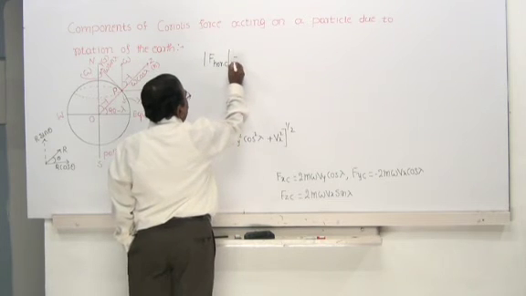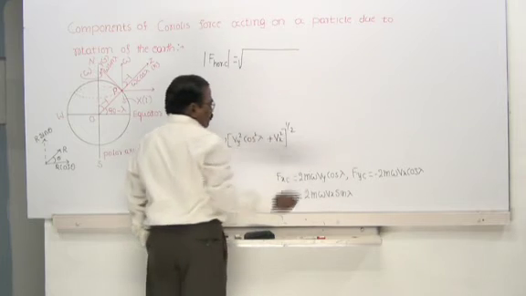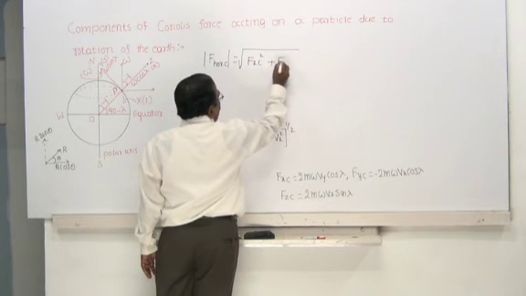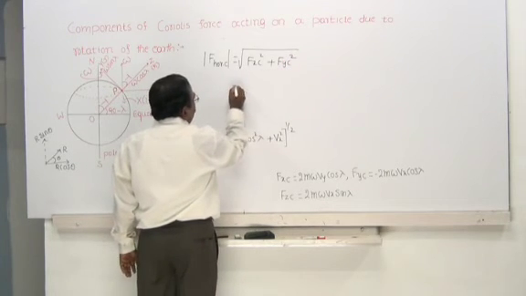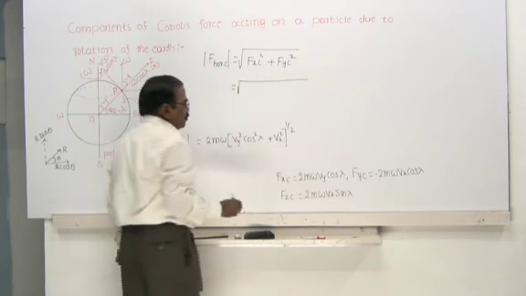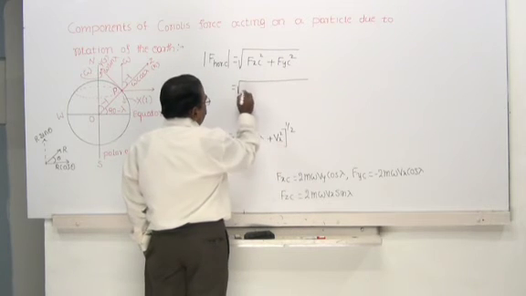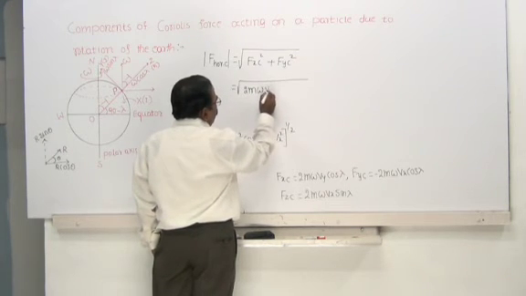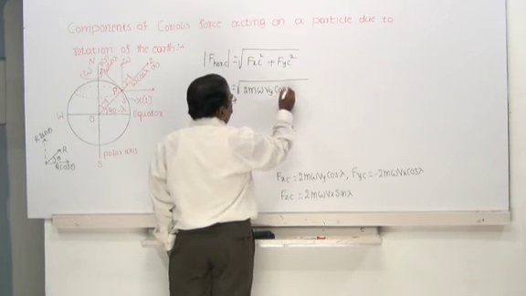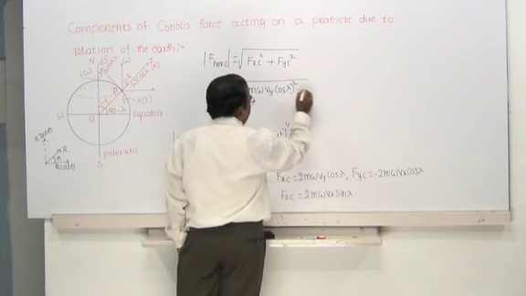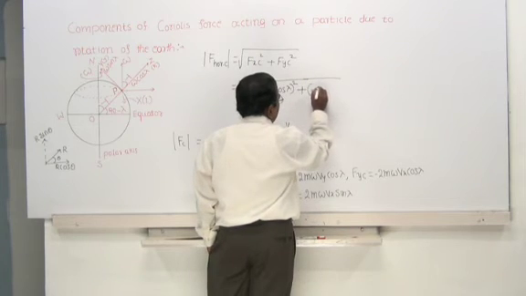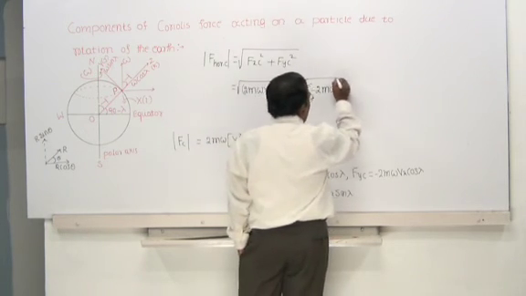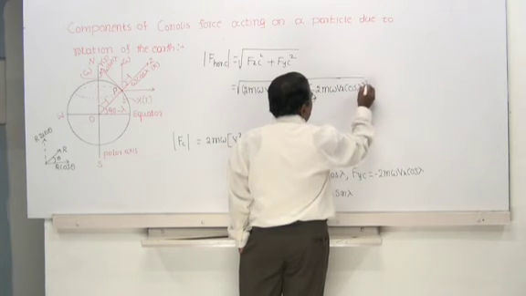So this is equal to square root of Fxc square plus Fyc square, or this is square root of 2m omega Vy cos lambda, this is whole square, plus another one, minus 2m omega Vx into cos lambda, it's whole square.